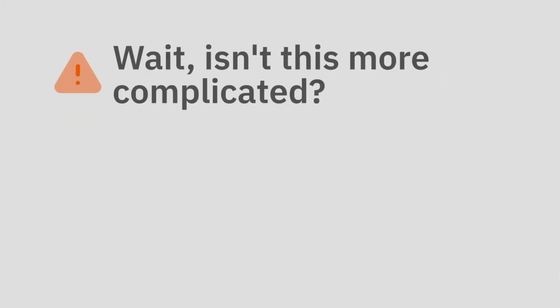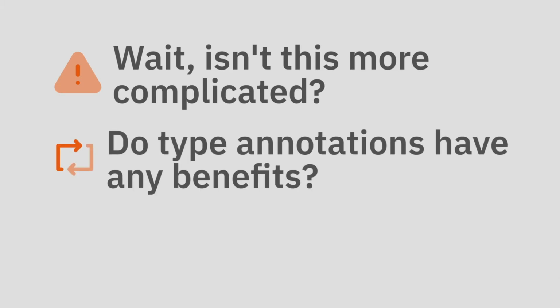When I first saw a Python function with type annotations, several pressing questions came to my mind. Initially, I thought, wait, isn't this function with type annotations syntactically more complicated than the one that does not have them? I also thought, are there any real benefits to type annotations if they are going to take extra time for me to write them?